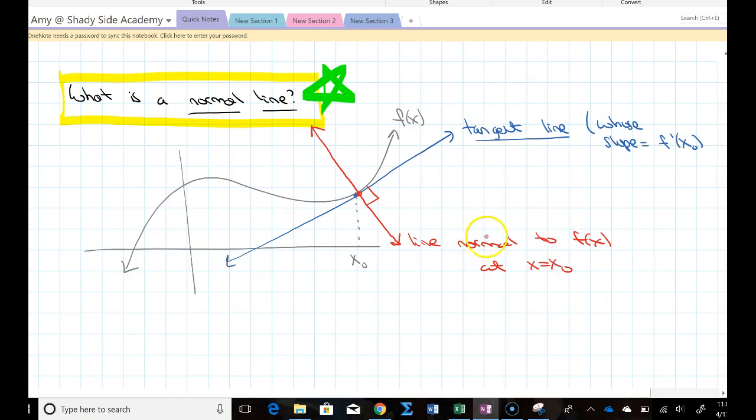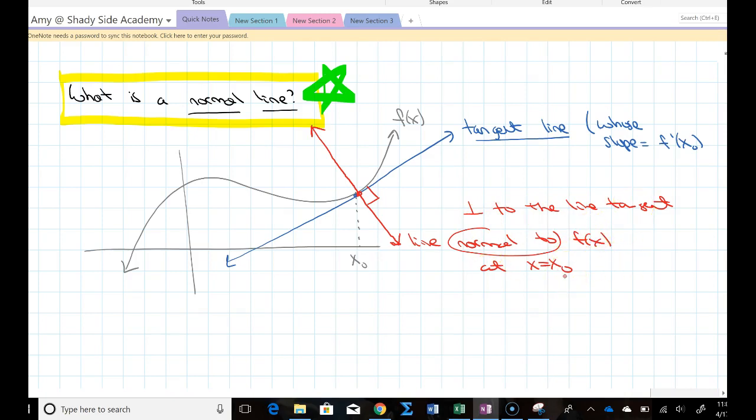Okay, so normal to means, it's going to be a mouthful, perpendicular to the line tangent. Okay, so this red line is the line perpendicular to the line tangent to f of x at x equals x naught.